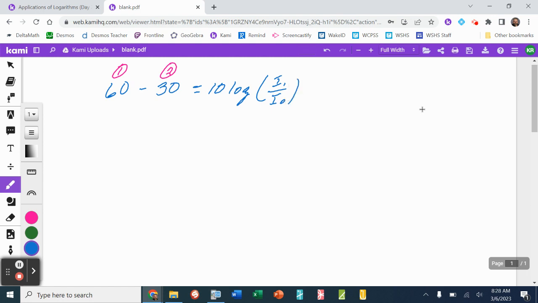And so this is representing the 60. And then I'm going to say minus 10 times this common logarithm of the intensity of our second noise, this is our normal whisper, divided by the intensity of the threshold of hearing.